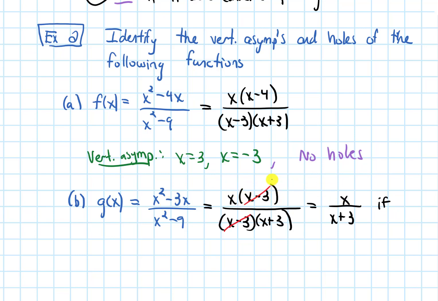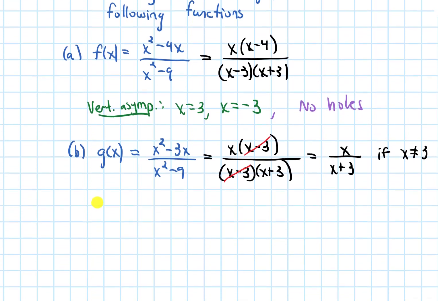Looking back at the pre-cancelled form, x definitely is not allowed to be 3, because it would have made the original denominator 0. But when I cancel that factor, I can't see that restriction anymore, so I need to state that this is true as long as x is not allowed to be 3. I don't need to explicitly write that x is not allowed to be negative 3, because I can still see that in the denominator.